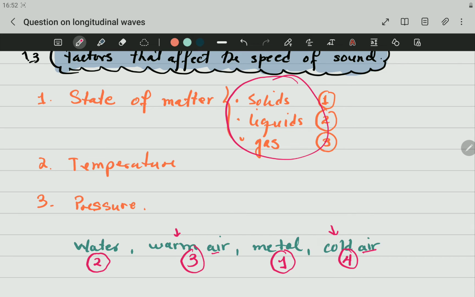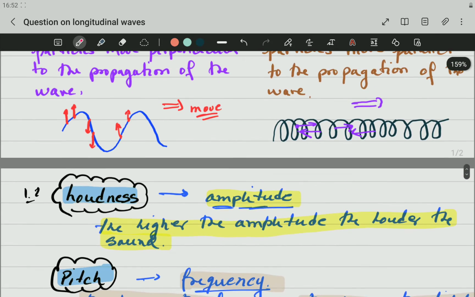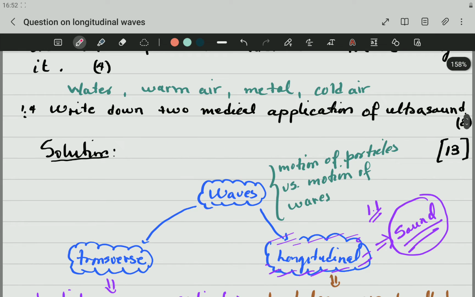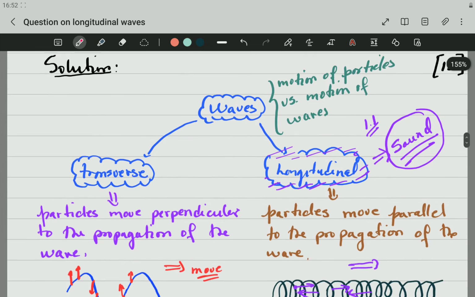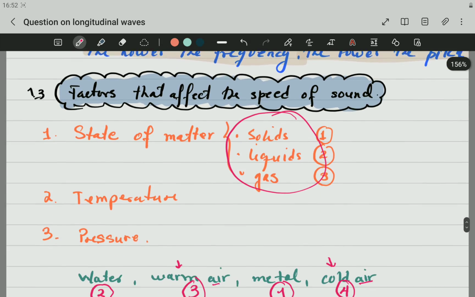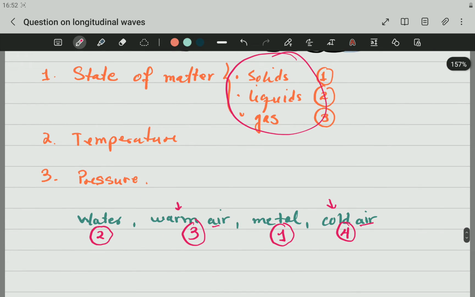This is in order of ascending speed of sound. They say in order with respect to how well sound travels through it. The one that is moving the fastest is metal, followed by water, then warm air, then cold air.